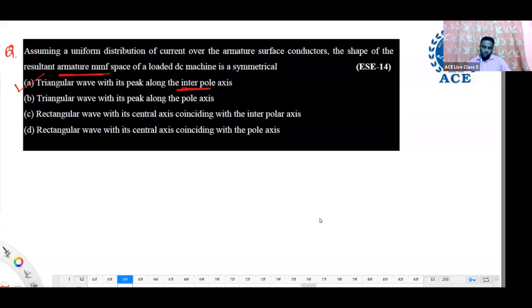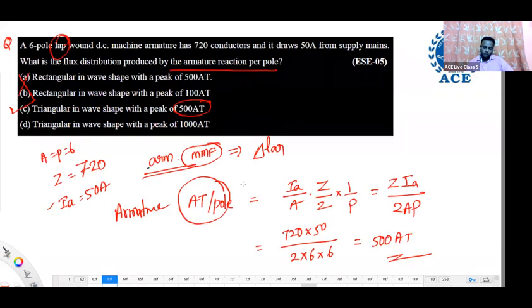The peak of the armature MMF is... Anyhow, how to find armature ampere turn per pole, in the next topic we will see. Ampere means current. What is the current in each conductor?